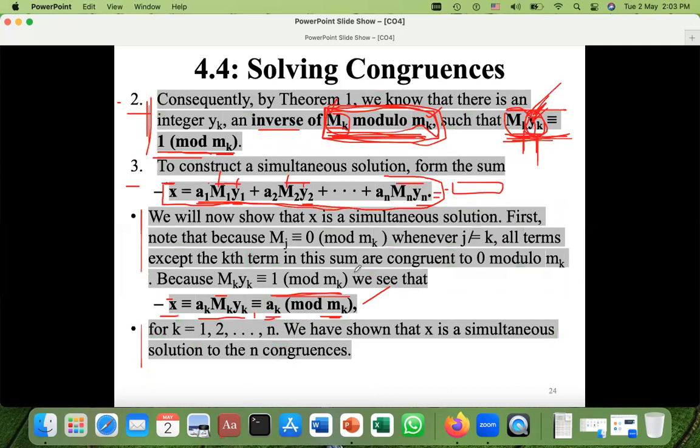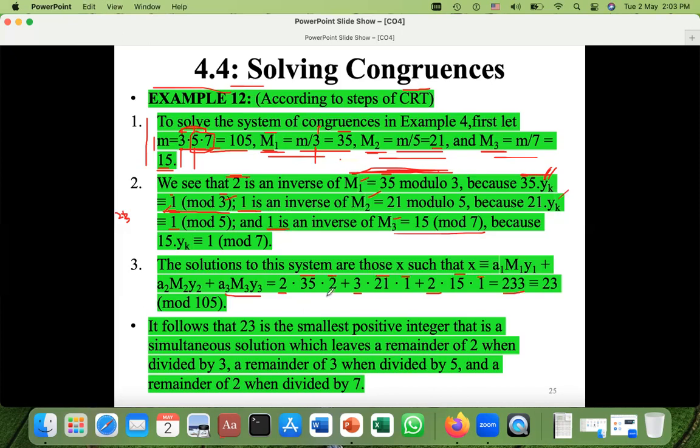Now convert that integer into a congruence form. How can you do that? Divide that 233 with this M, 105. When you divide, you will get 23 as a remainder.